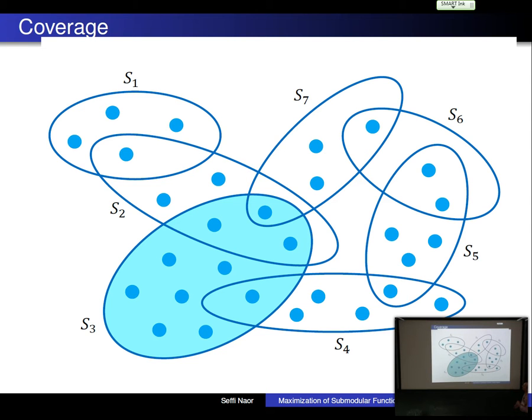Let's say we have this set, and now we add this second set, so we gain these three black points. On the other hand, if we already have these two sets, and now we add the former set, then we only gain 2 points. So this is an example of decreasing marginals.